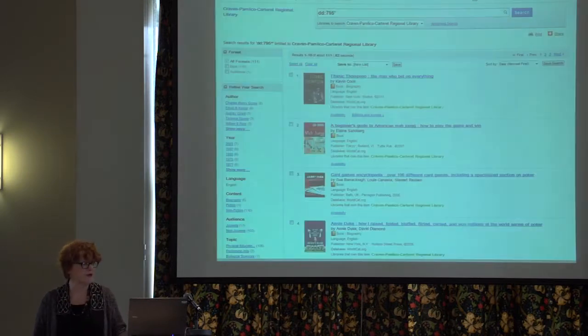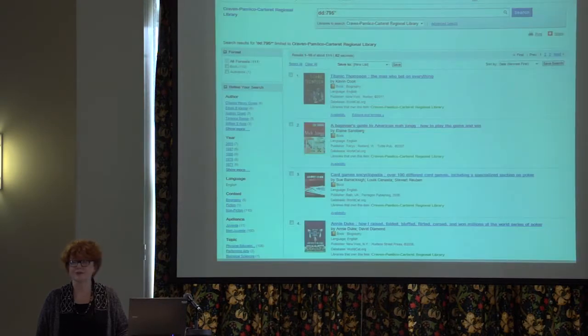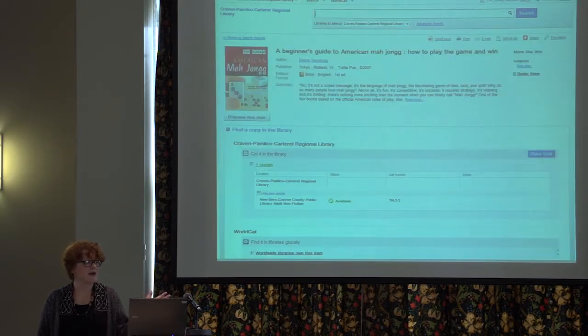I'm showing you here using the API into worldcat.org. And so if I go back here and I point it at 795, it's going to launch a search into worldcat.org into 795, and that will bring up things on games. And I might just decide to pick a book on Mahjong.